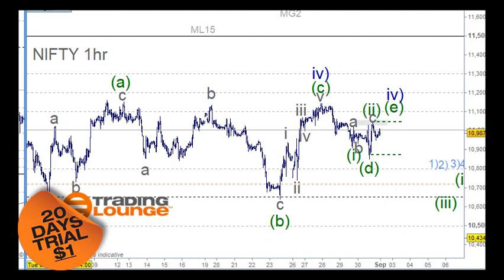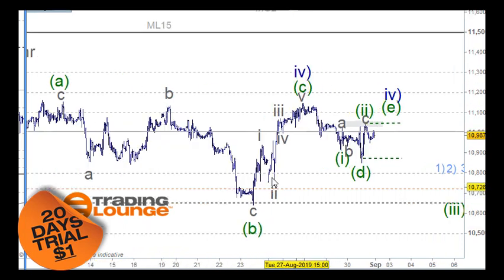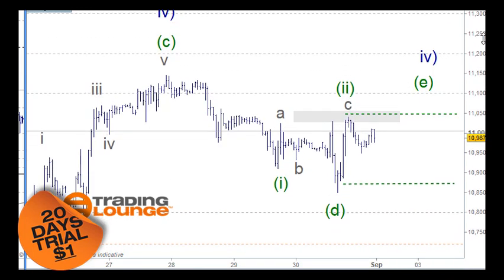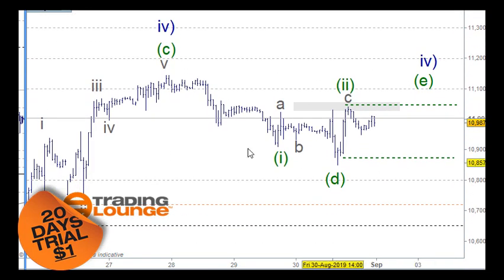Just coming back here from wave 3, we're looking for an A wave, B wave, and C wave up here for wave 4, and then we're looking for 5 waves down here. With the 5 waves down here, I can count 1 and 2 and 3 and 4 and 5 here. So that's nice wave 1 here.